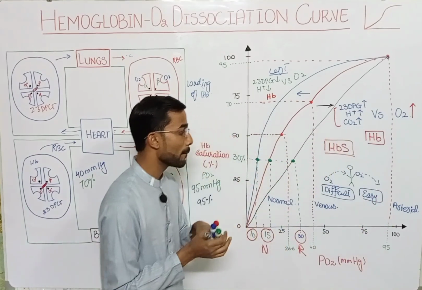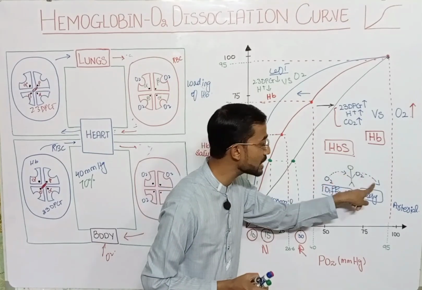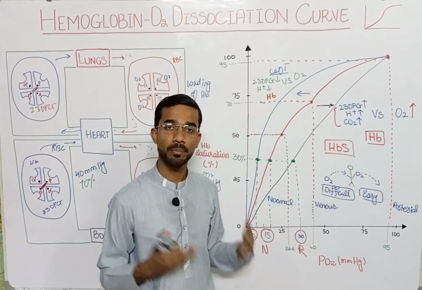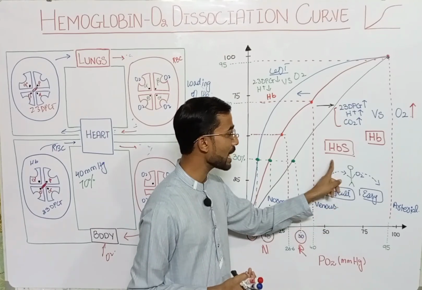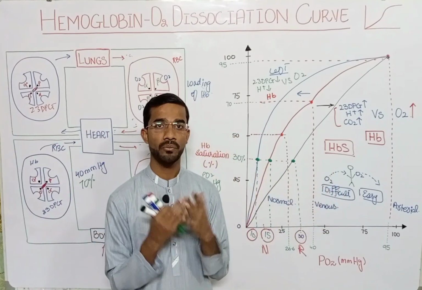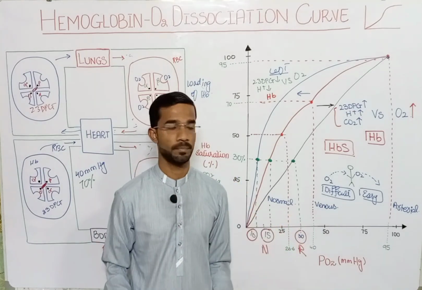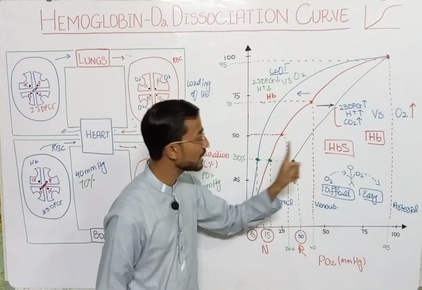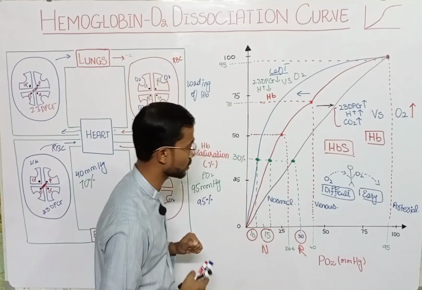It means binding is difficult to the HbS and separation is easy for the HbS from the oxygen. So HbS binds oxygen with difficulty and separates the oxygen easily. This is for the HbS, and in the HbS you see the right curve.